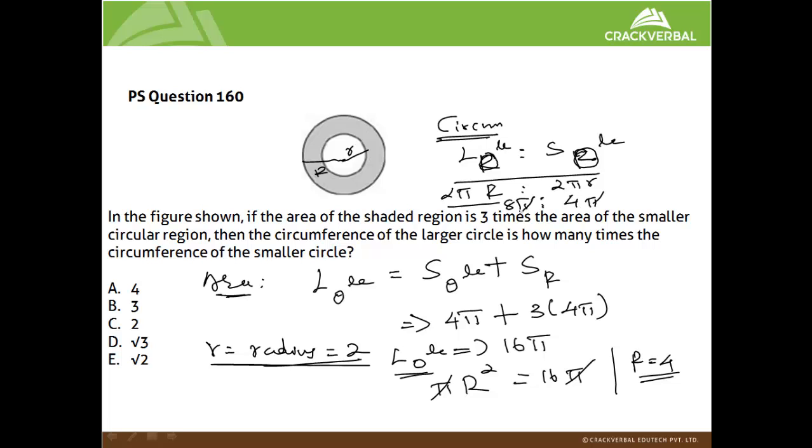So the ratio is 2:1: the circumference of the larger circle is 2 times the circumference of the smaller circle. The answer is 2, which is option C. Hope this is clear. Thank you.